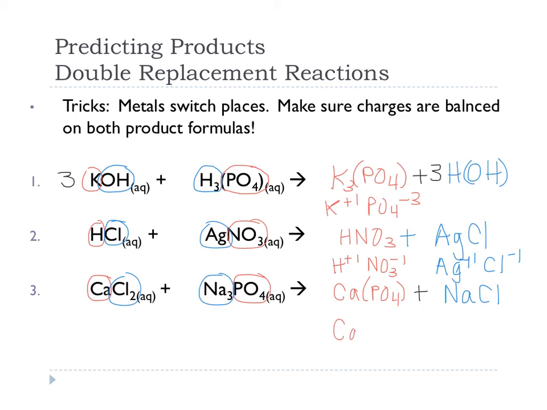So calcium has a +2 charge. The phosphate polyatomic ion has a -3 charge. So to get this total charge to be 0, this will be Ca3(PO4)2. On the other hand, sodium has a +1 charge. Chlorine has a -1 charge.